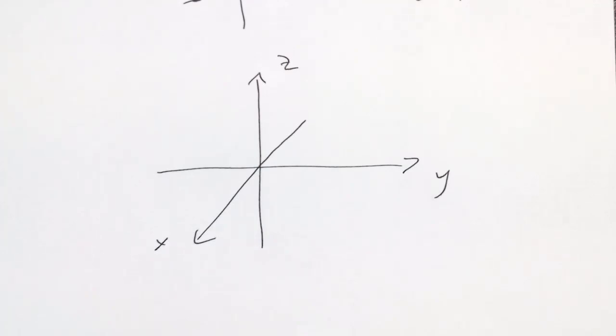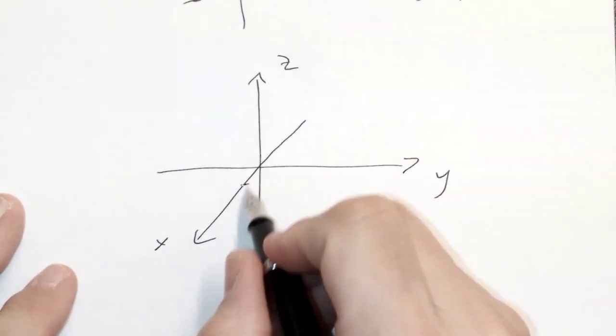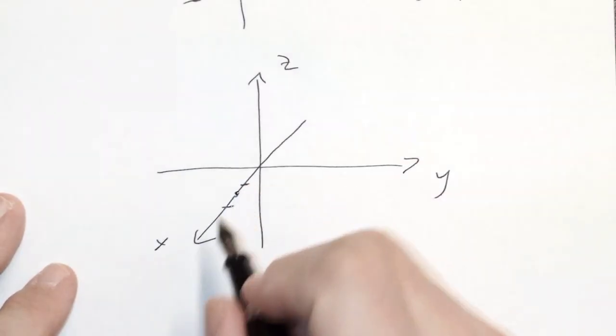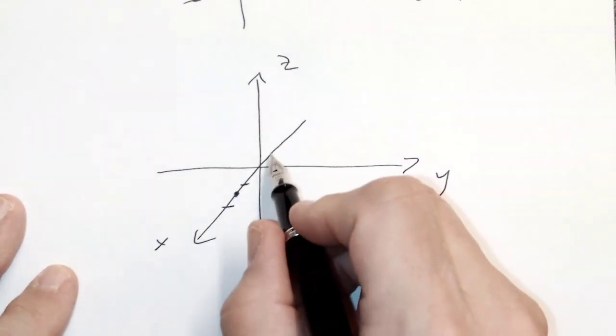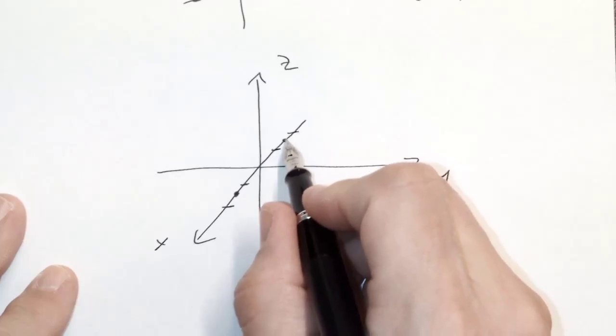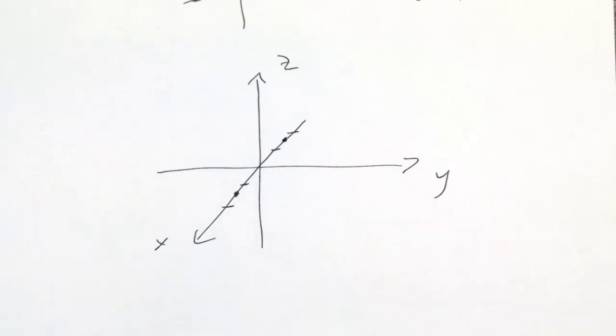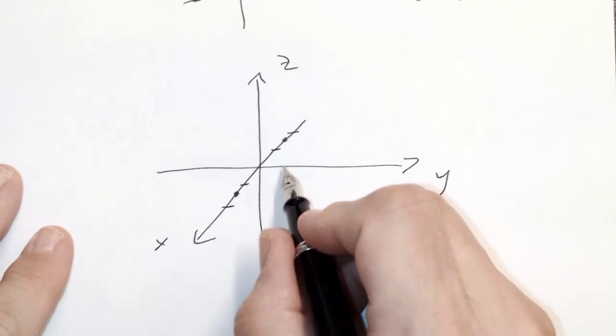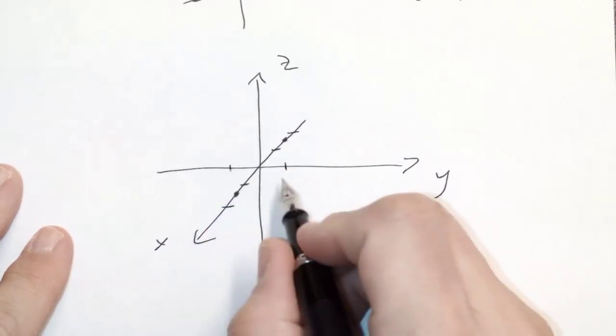But the first thing I'm going to do is I'm going to label the intercepts, because I know I cross the x-axis here at positive square root of 2 and back here at negative square root of 2. I cross the y-axis at 1 and negative 1.